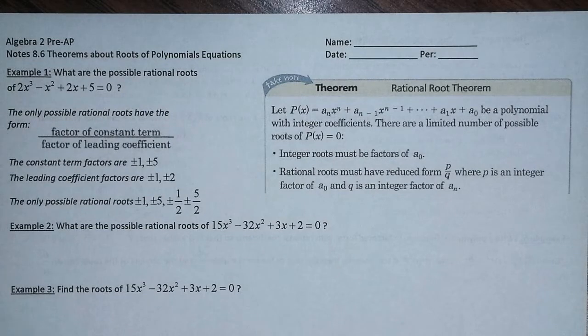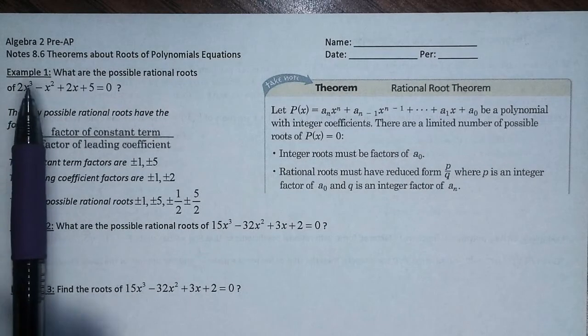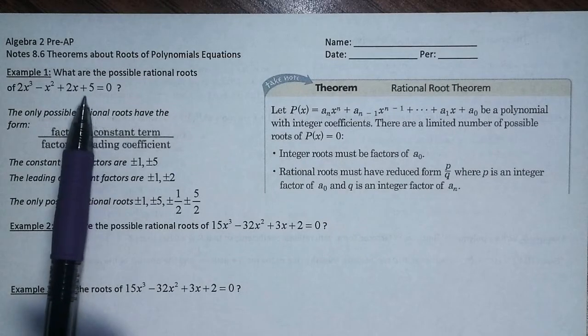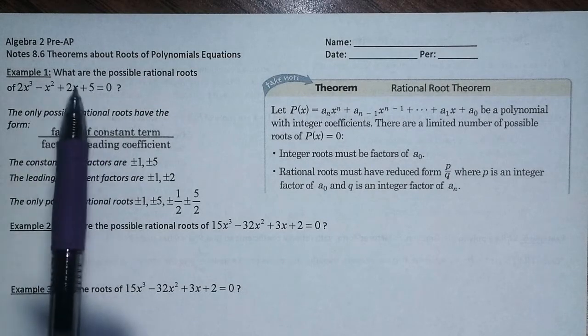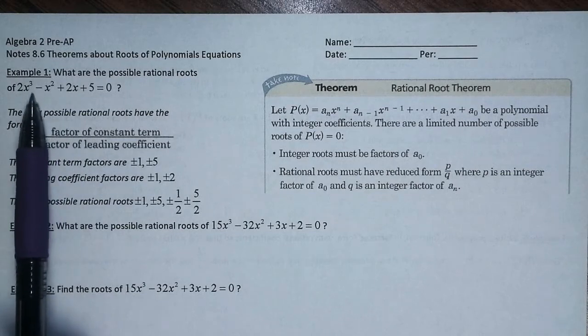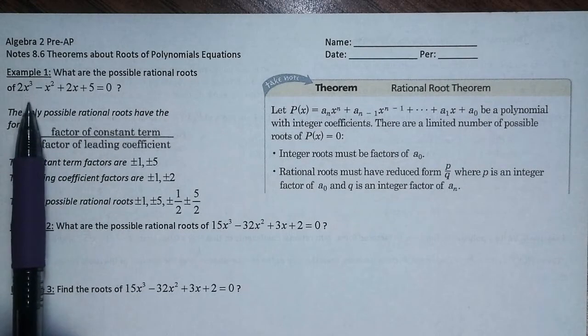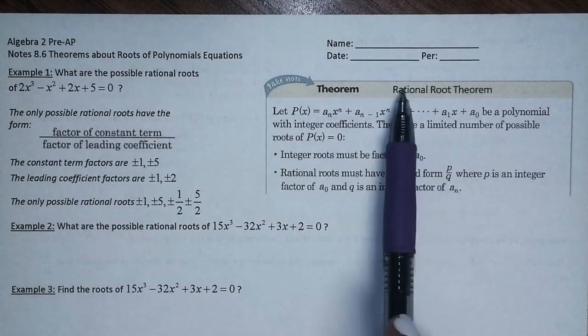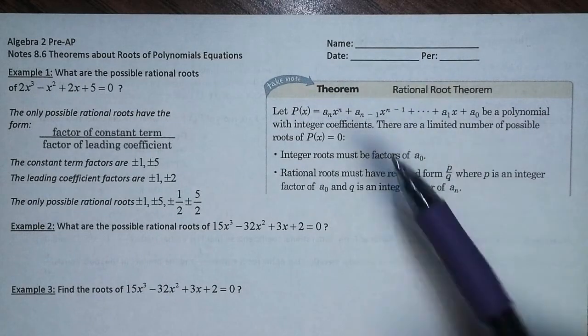Example number 1. What are the possible rational roots of 2x cubed minus x squared plus 2x plus 5 equal to 0? So this polynomial has 3 roots because it's a cubic. The possible rational roots, it's called the rational root theorem, but here it is.